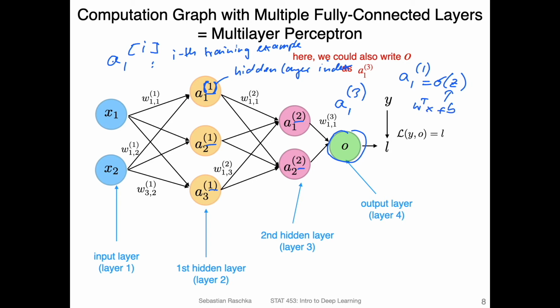I should say, I'm not showing the biases. There should also be a bias for each activation. I was not drawing it because the figure was already so crowded. It's a little bit messy, so let me remove this again. But there should be a bias also for each activation.